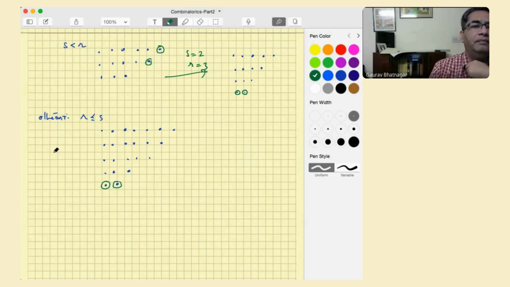Here R is equal to 2 and S is equal to 3, and we bring it over here. And it could be equal too. So we bring it over here. 1, 2, 3, 4, 5. 1, 2, 3, 4, 5, 6, 7. And I bring these here.